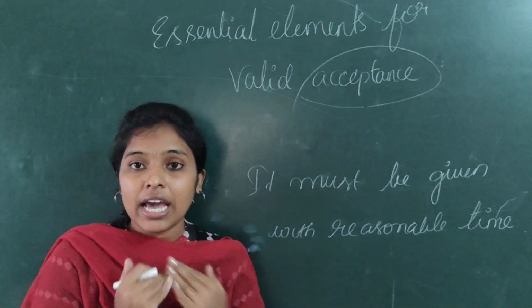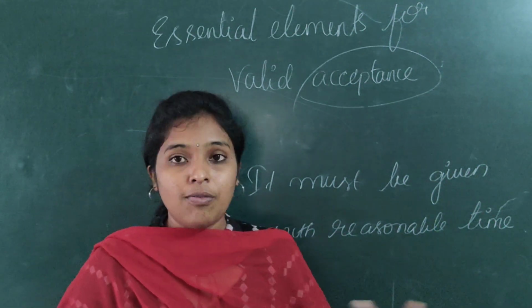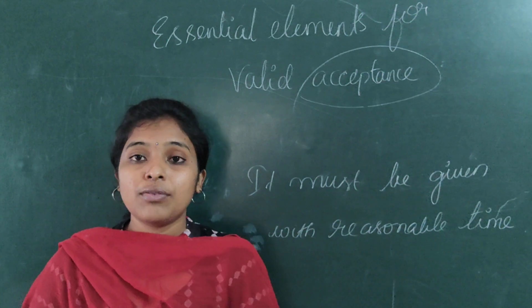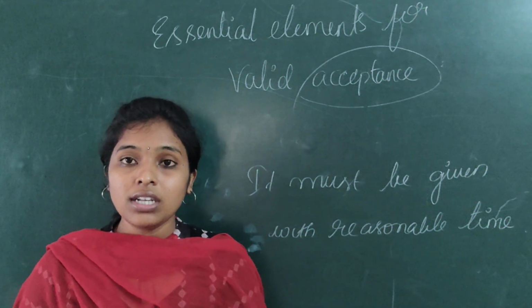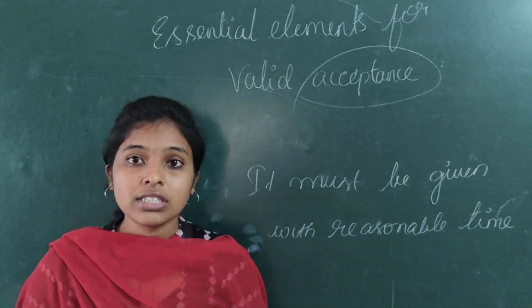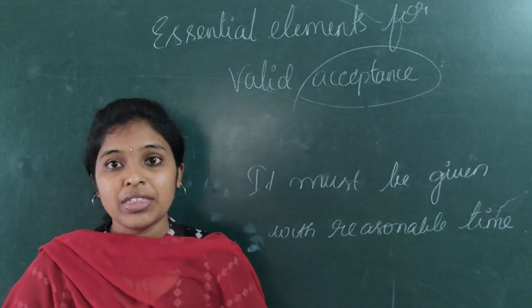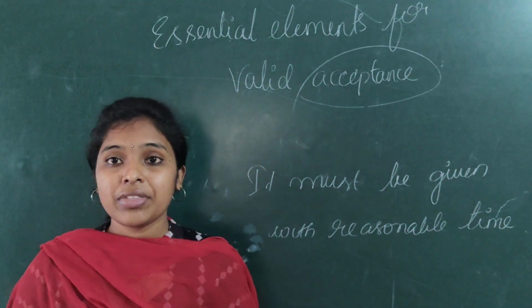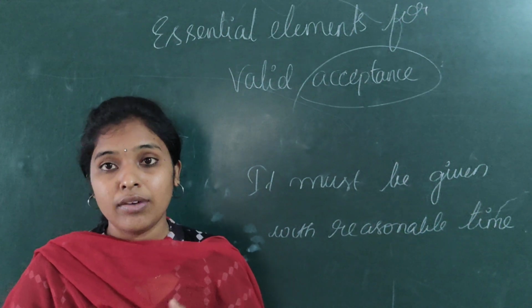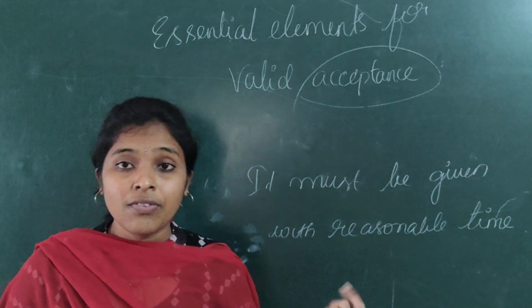For example, I have a fruit shop and I have a contract with a farmer. I told the farmer to bring the fruits early in the morning. Why? Because I will have enough fresh fruits and lots of customers during the morning. So if the farmer brings the fruits in the evening, what will happen? I will lose my business, I will lose my customers and I will not get fresh fruits.